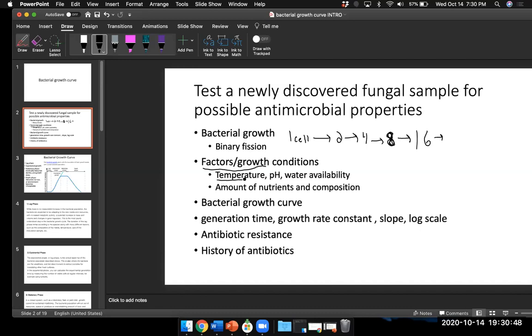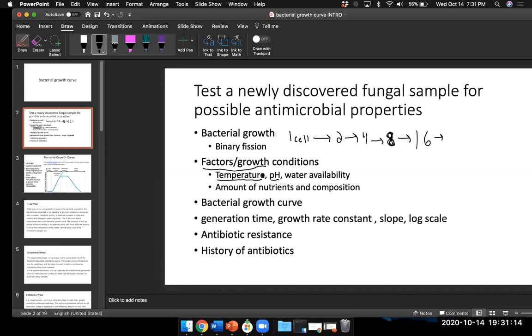So temperature is the first and biggest concern when you're growing a culture. You should always make sure that you're incubating at the correct temperature. When you're making your media, you should make sure that the media is at the correct pH.